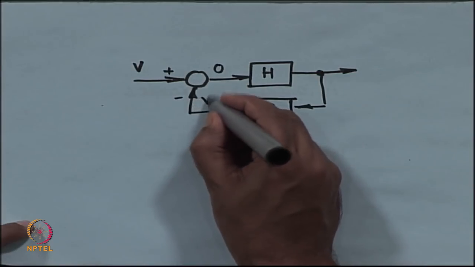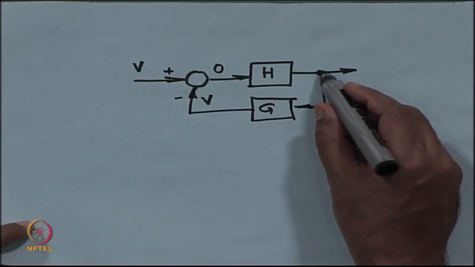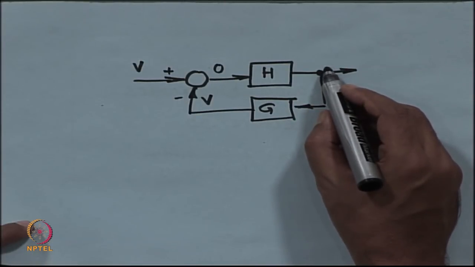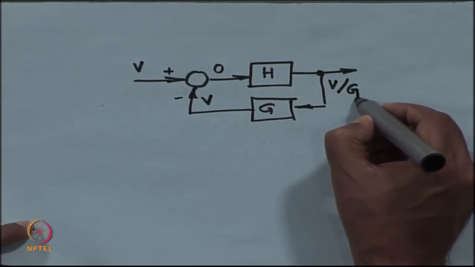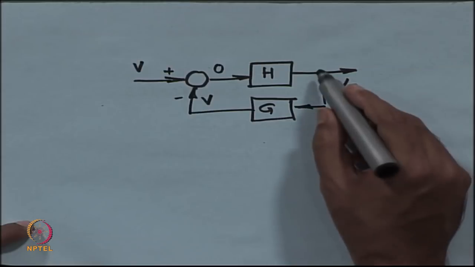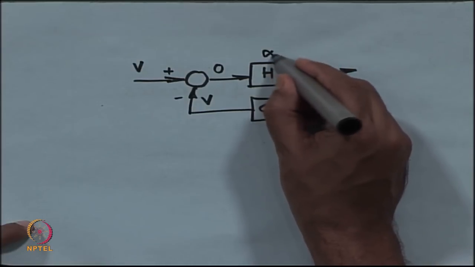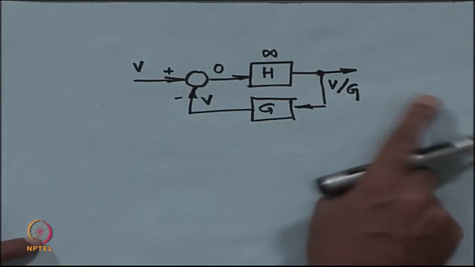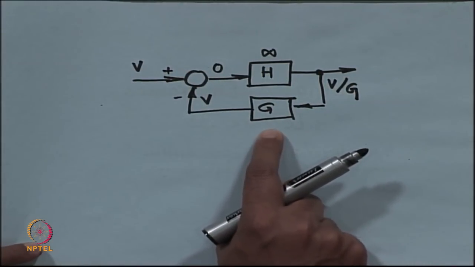That means what has been fed back is also V, which means that the output of H is V divided by G, because that is what is coming into G. So, H is very large, H is infinity. The output has nothing to do with H, it has everything to do with G.